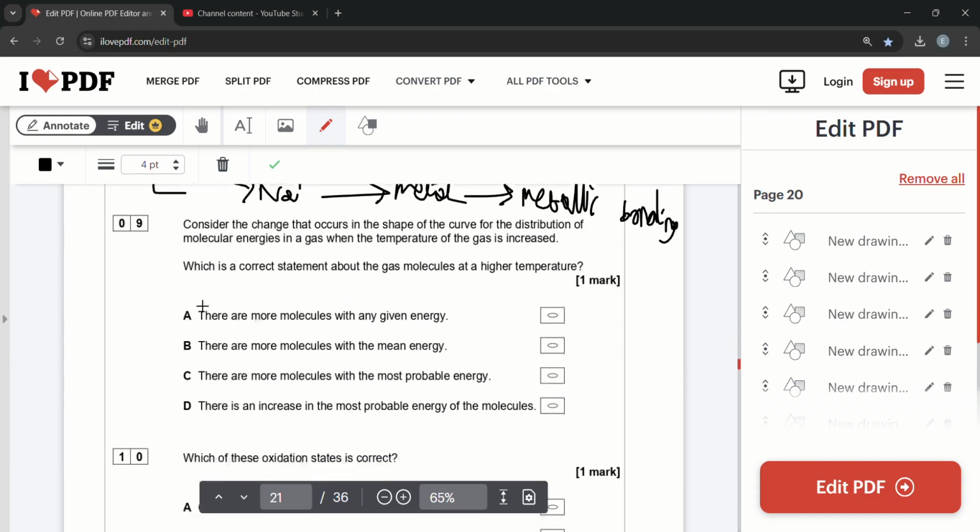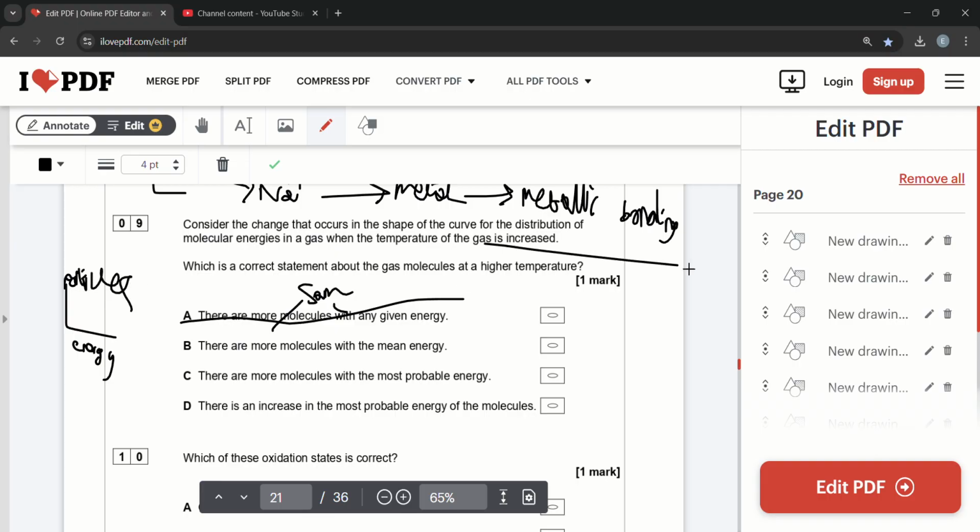Question 9, which is the correct statement about the gas molecules at high temperature? Same molecules? No. Because what happens is, you've got energy here and your number of particles here. It says temperature increases, so you've got your normal Maxwell-Boltzmann curve, and then the peak shifts to the right and goes a bit lower.